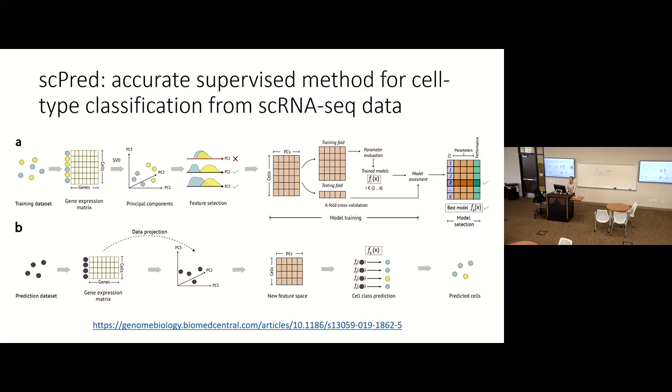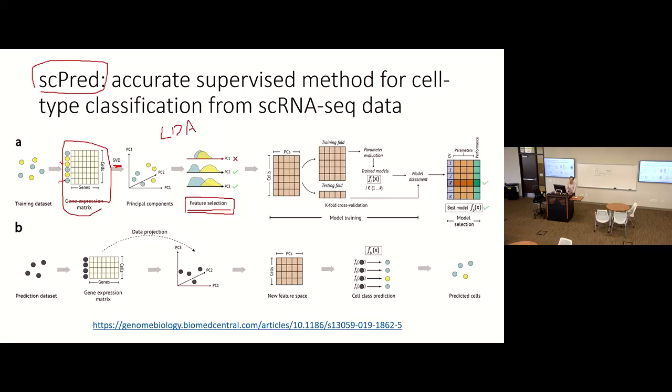This is the pipeline in scPredict, the supervised method. The training set has labeled cells with the gene matrix, and you do PCA first, then the feature selection. I believe their feature selection is based on how well different cell types separate, so this step is very similar to LDA.